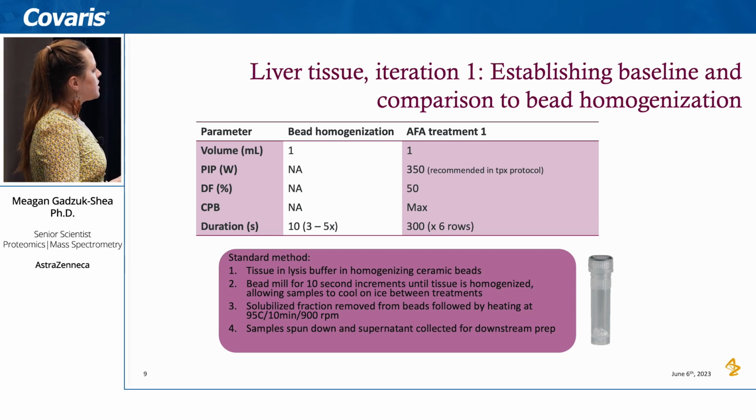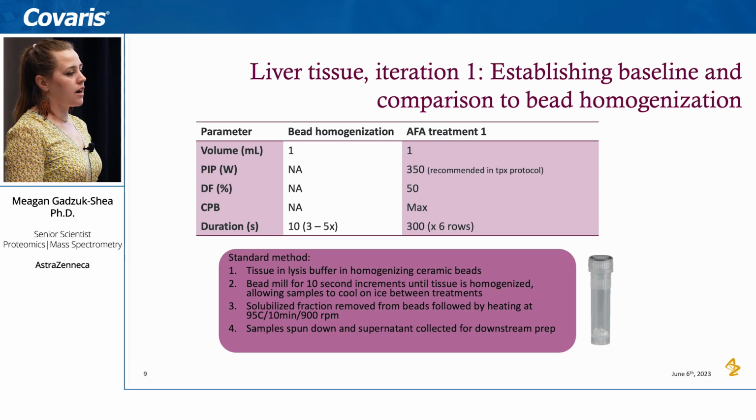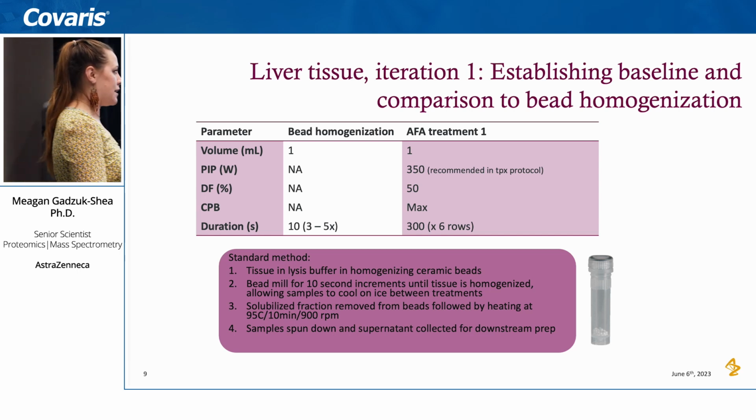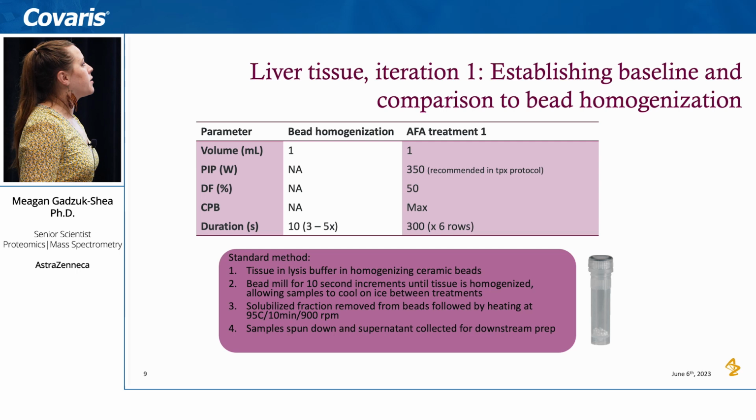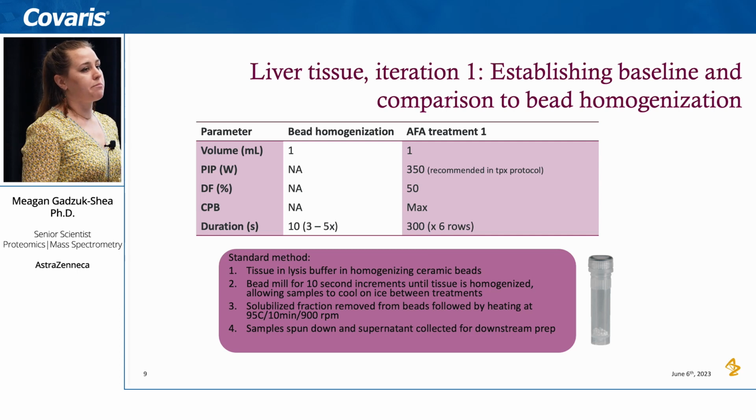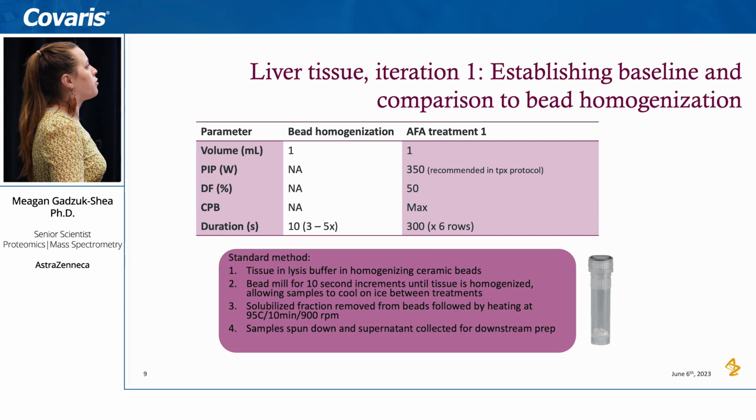What we do is we add our tissue chunk into a homogenizing ceramic bead consumable, and then we do about 3 to 5 cycles of bead beating in our bead beater. And the reason we only do 10 seconds is to avoid that heating that I mentioned at the beginning. And then we have to take the samples out, and we let them cool on ice before we move on to the next iteration of bead beating.